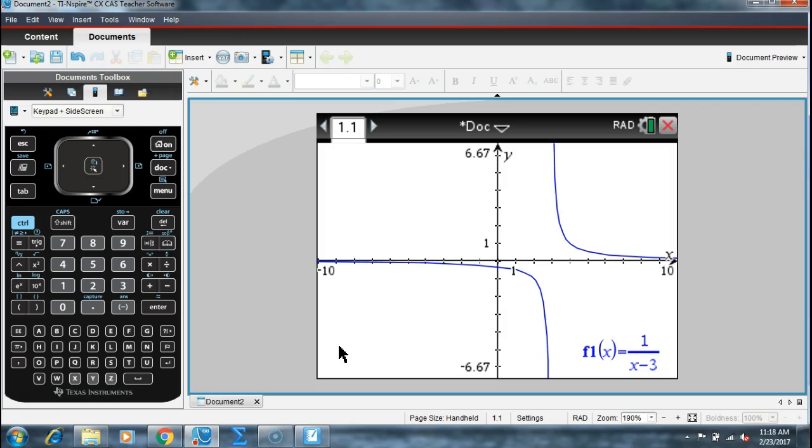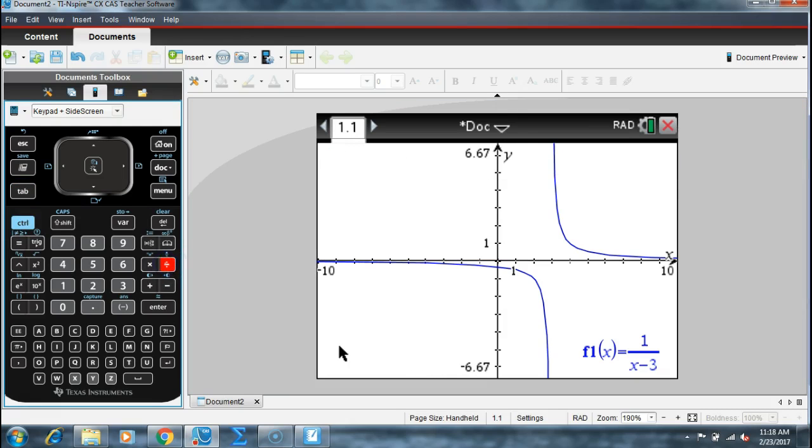What's going to happen to that graph? Where's it going to go? Horizontal asymptote is going to shift to positive 2. What's going to happen to the whole graph? It's going to move up 2, right? I'm going to take this whole picture and lift it up 2.